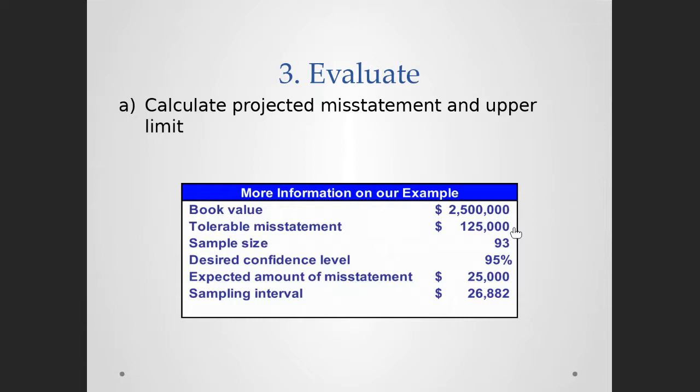Then we have the tolerable misstatement, which is given to us in this case, but in the real world, the auditor decides that based on the judgment and information the auditor knows, and based on how important this account is, etc. There is no difficulty in understanding what we mean by tolerable misstatement. Yes? You're with me 100%.